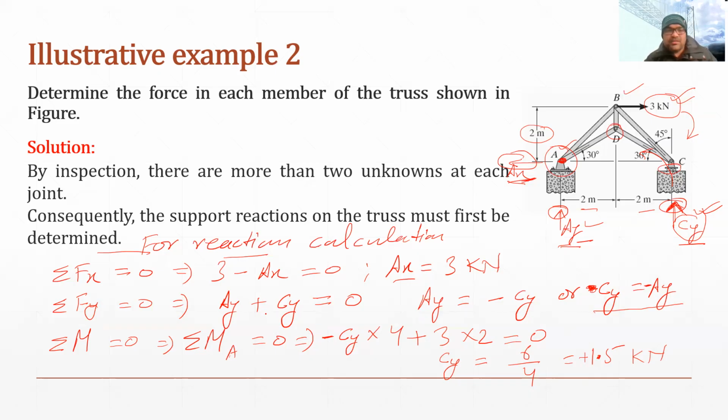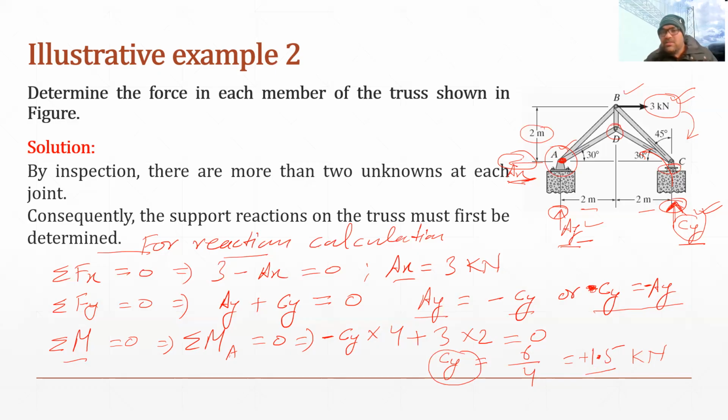So earlier in equation summation of Fy, I said that either Ay is positive and Cy is negative, or Cy is positive and Ay is negative. So till the second equation we don't know which reaction is upward and which one is downward. But by using equation third, now we are sure that Cy is upward. Cy is upward, which is 1.5, because our value is positive in this case.